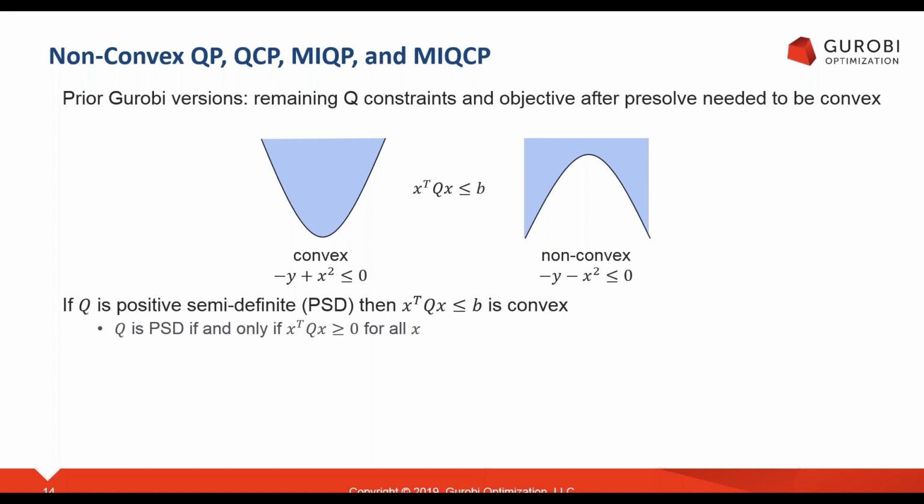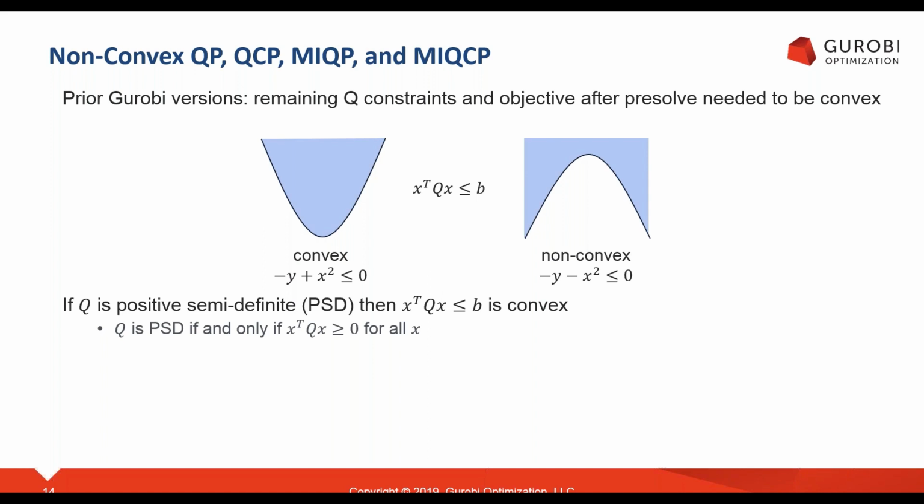And when you have a quadratic constraint, how do you decide whether this is convex or not? So one criterion that makes a quadratic constraint convex is that the Q matrix is positive semi-definite. So in this constraint x transpose Qx smaller or equal to b, if the Q matrix is positive semi-definite, then this constraint is convex.